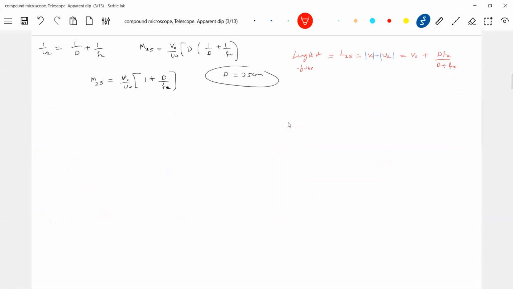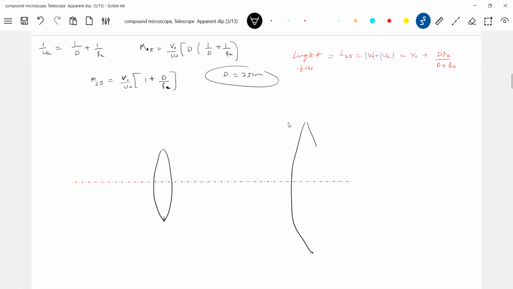I'll give only a rough ray diagram. So this is the objective lens. This is the eyepiece. Here we have kept some specimen. What is the specimen? It could be an insect, some cell or something. Okay, now coronavirus, let me keep it here.